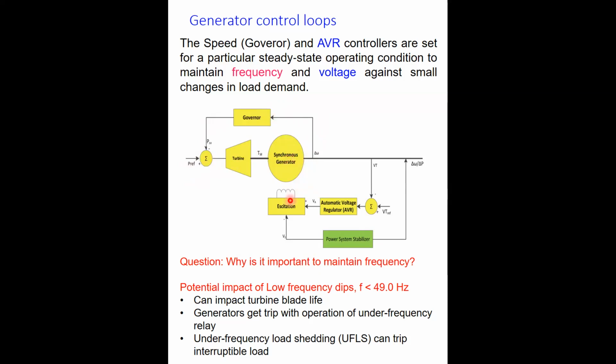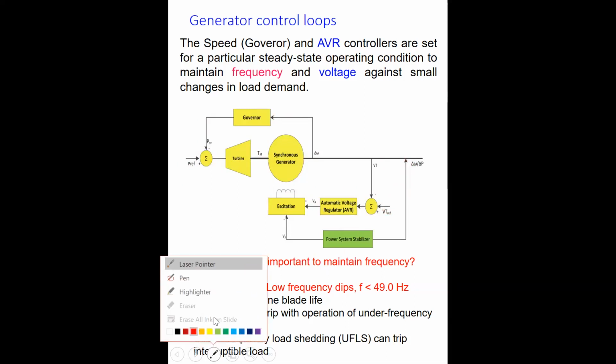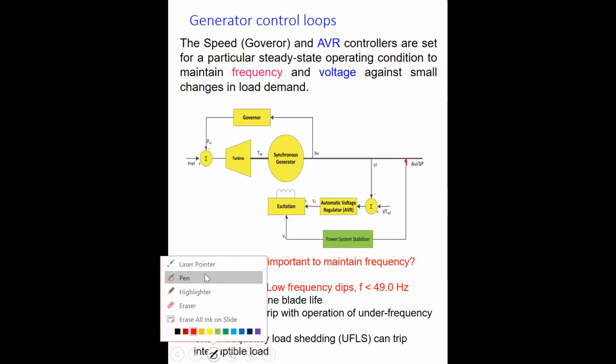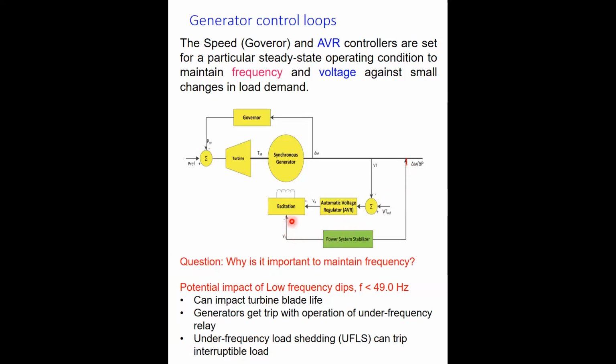Then the generator has an excitation, the field circuit here, and then you have an AVR and reference set point for the voltage. Also, the direction of the signal here should be this way. You have the feedback of speed or frequency deviation to the power system stabilizer, and it is in fact to be on the automatic voltage regulator here.